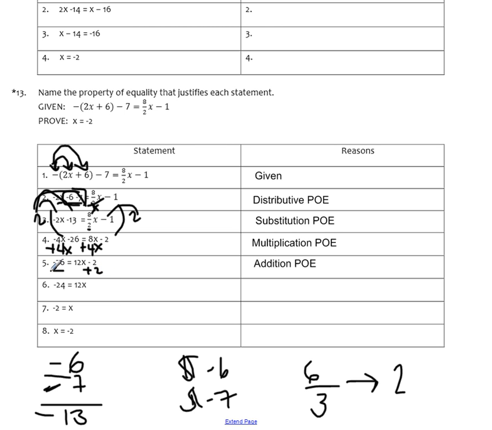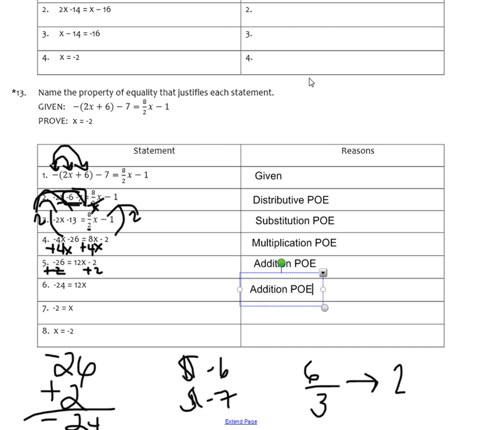Well, we would have to add 2 to turn it into 0. And here, let's look at the math. Think about it like money. You have a negative 26. You owe $26. But someone just gave you $2, positive 2, to put towards that debt. So now you only owe $24. It's better than owing 26. But we did add using the addition property.